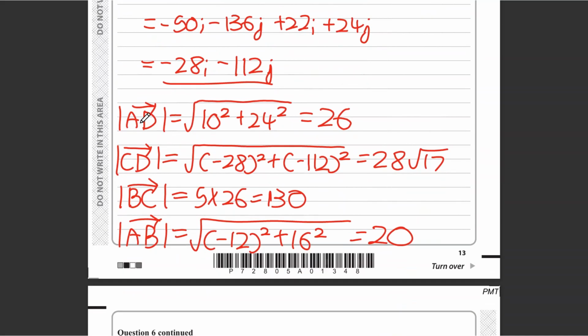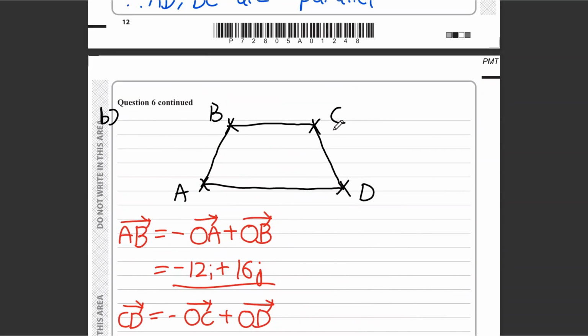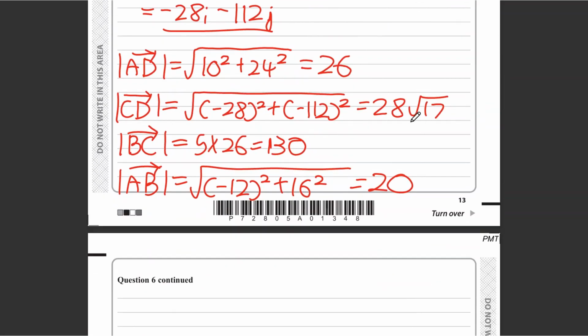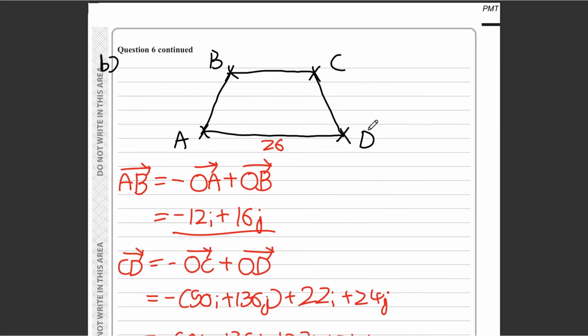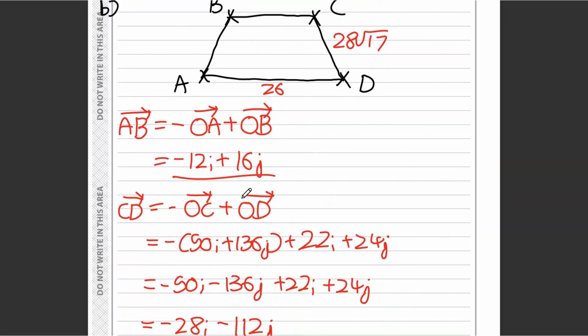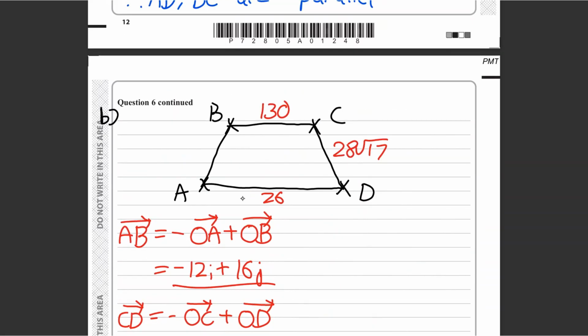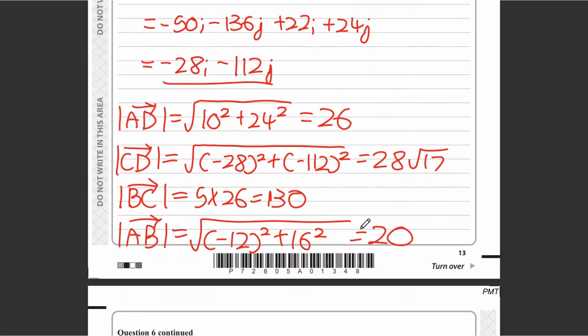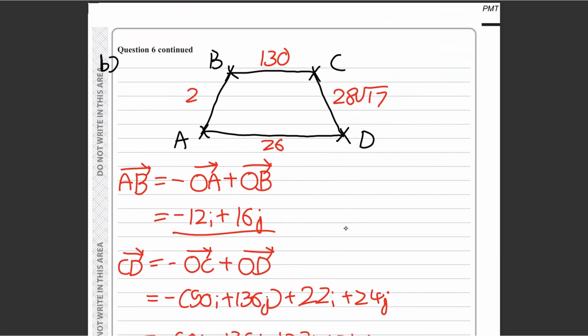So if we annotate this diagram here, AD is equal to 26, so this is this side here, and then CD is equal to 28 root 17, and then BC is equal to 130, and AB is equal to 20.